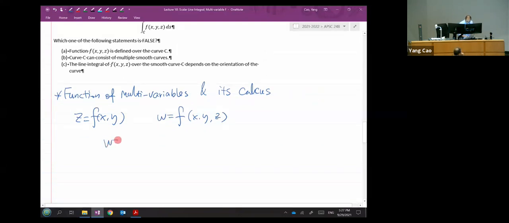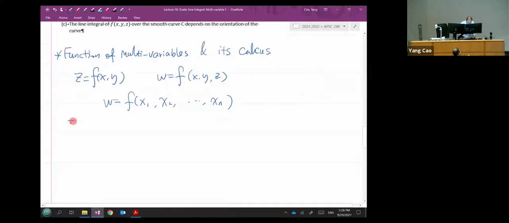And you can certainly define yourself a very general multivariable function, where there are n variables in this function. And just like a scalar function, anything within the brackets is called independent variables, and anything outside, the one on the left side here, is called the dependent variable.